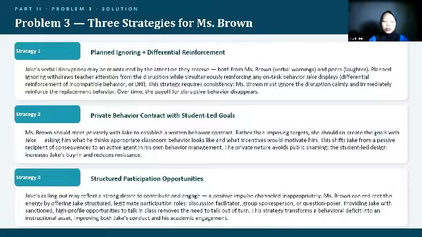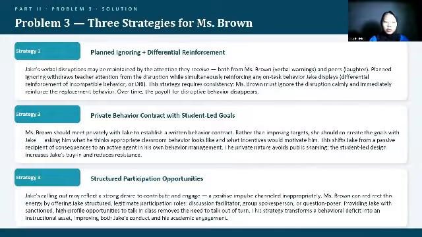This shifts Jack from a passive recipient of consequences to an active agent in his own behavior management. The private nature avoids public shaming. The student-led design increases Jack's buy-in and reduces resistance.